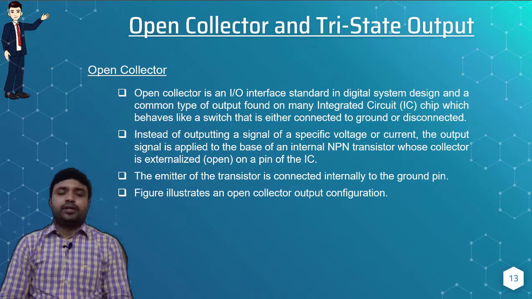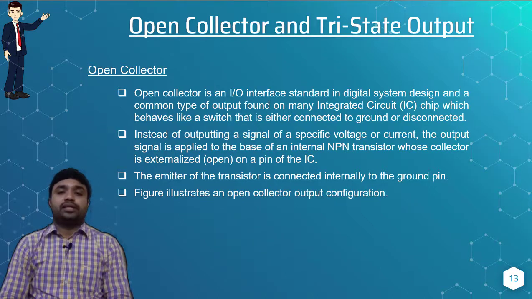So what is open collector? Basically, for a common emitter configuration, the emitter is to be connected to the ground terminal, and the base terminal is considered as the input. And what about the collector? We are going to take the output across the collector terminal, but here we are considering the collector in an open configuration.